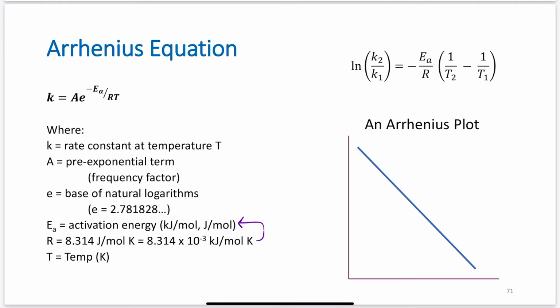So if we take this equation and take the natural log of both sides, the natural log of k is equal to the natural log of A e to the negative E sub A over RT. So the natural log of k equals the natural log of A minus E sub A over RT.